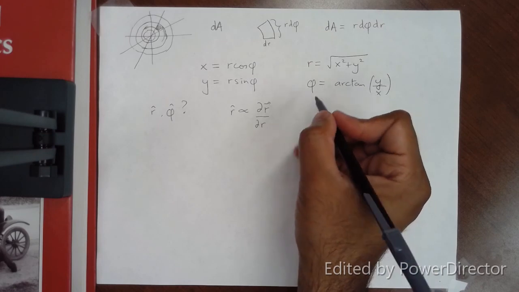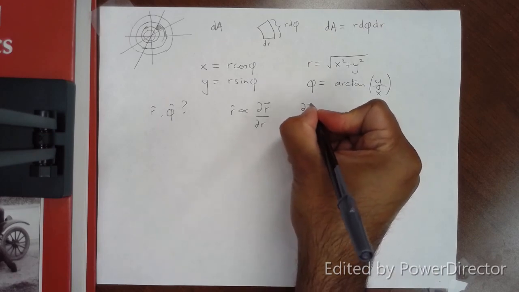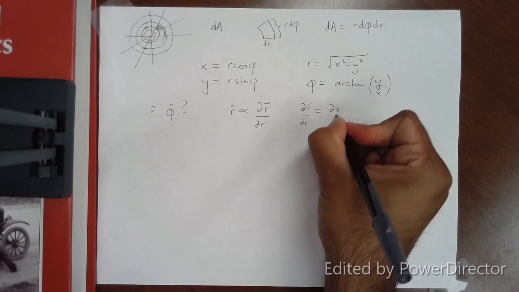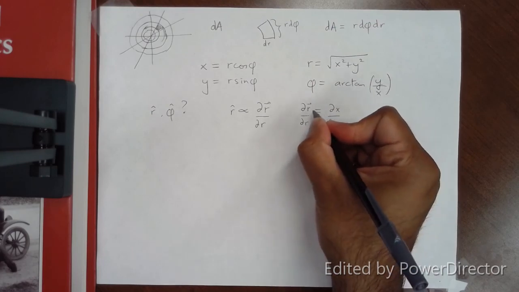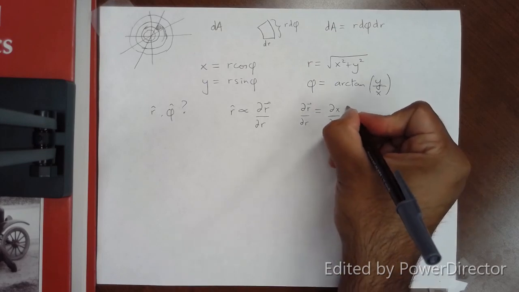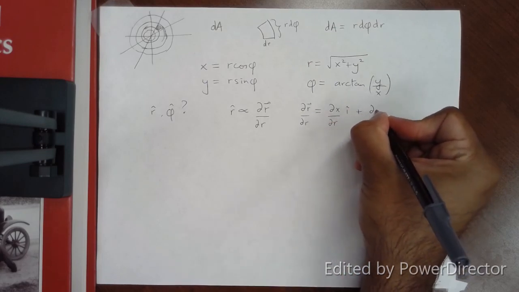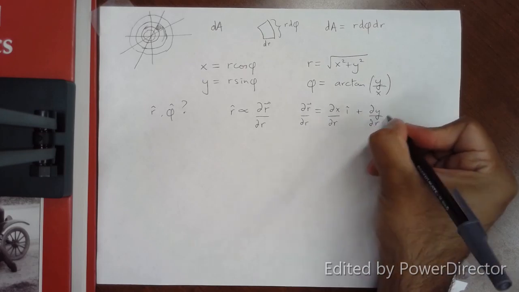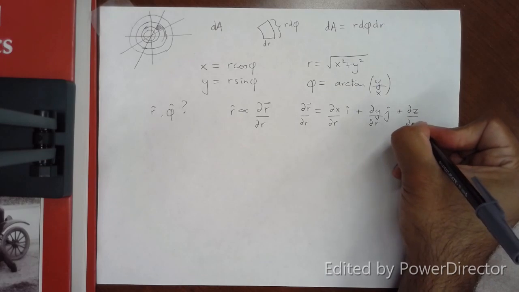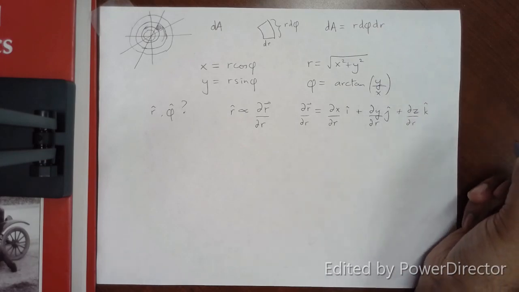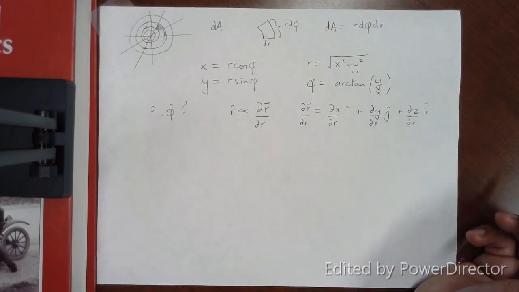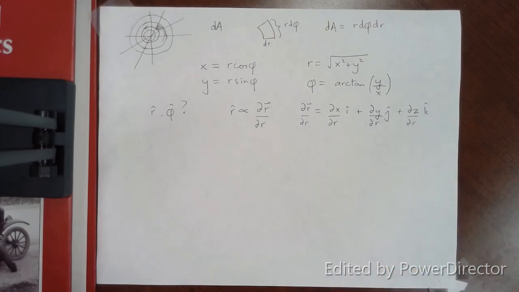All right, let's evaluate. We can always write the position vector in terms of x, y, and z, so this becomes, of course, this is because i hat, j hat, and k hat do not depend on r. That's why we treat them as constants.